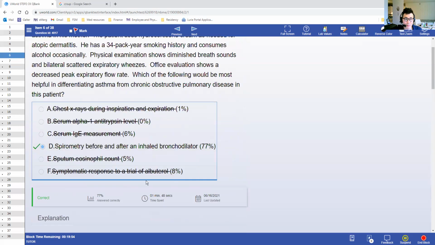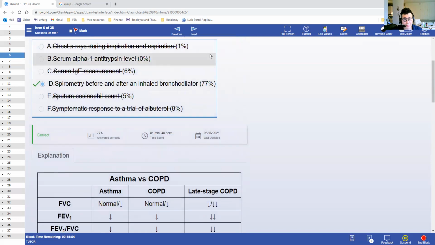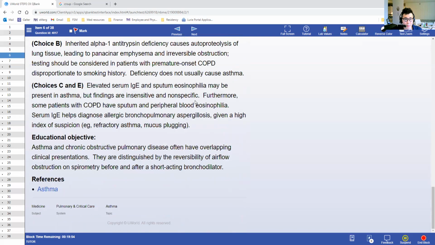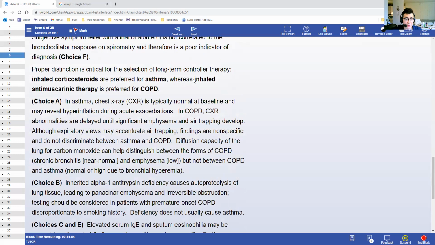I think I got it wrong the first time, maybe because I misread the question. Well, it was updated pretty recently too, so maybe the question was phrased in a bizarre way before. IgE and eosinophilia may be present but are insensitive and nonspecific. Yeah, that's what I thought.